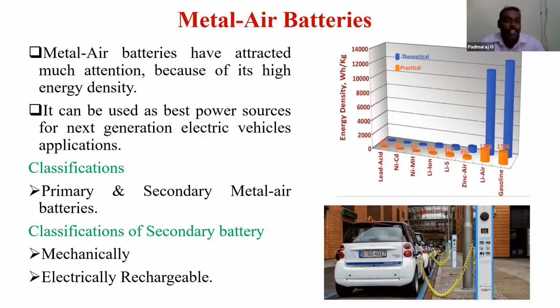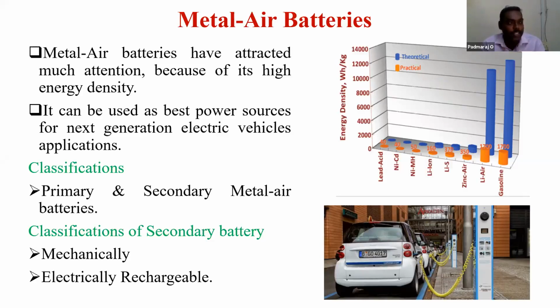So that is an attractive thing in metal-air batteries. What is meant by mechanically rechargeable? We know a battery has the components anode, cathode, and electrolyte separately. Here the anode is the metal.